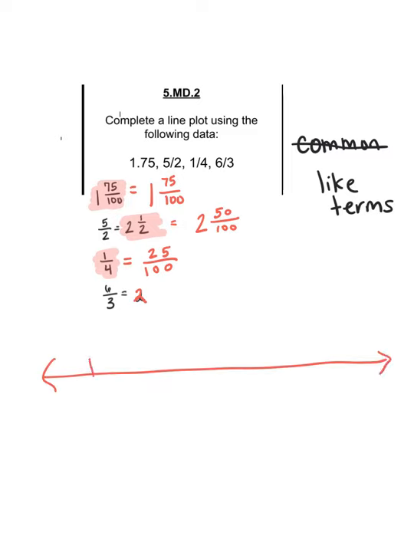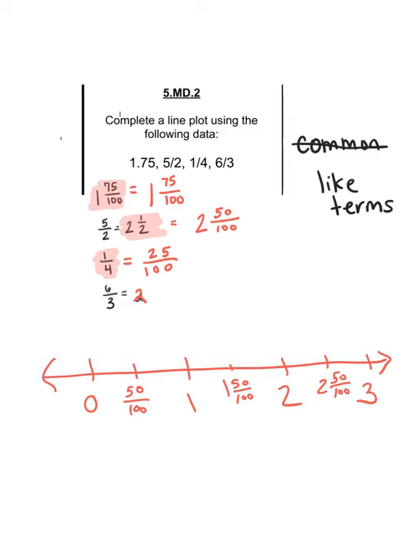Okay, so let me make my line plot. 0, 1, no, I don't like that, I want more space. 0, 1, okay, so this is 50 out of 100, 1 50/100ths, or 1 1/2, 2 50/100ths, and then 3.